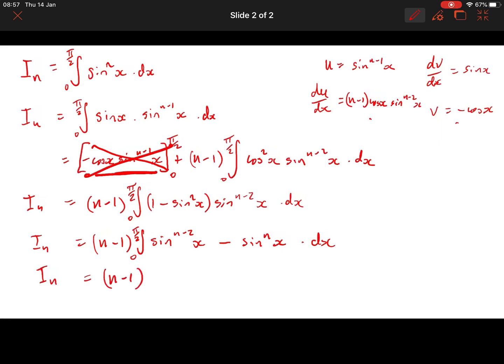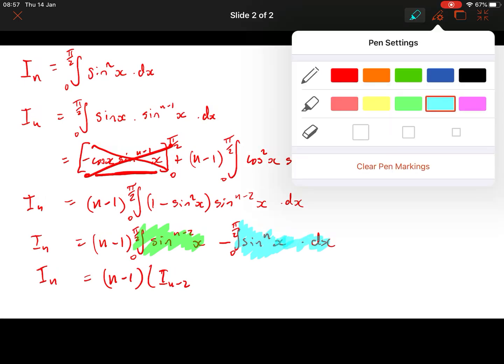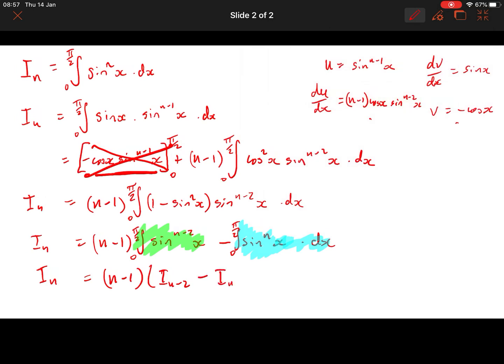But I can write it like this as well. This bit here is I of n minus 2, and all of that is I of n. So I can just replace these pieces with what I know they happen to be.